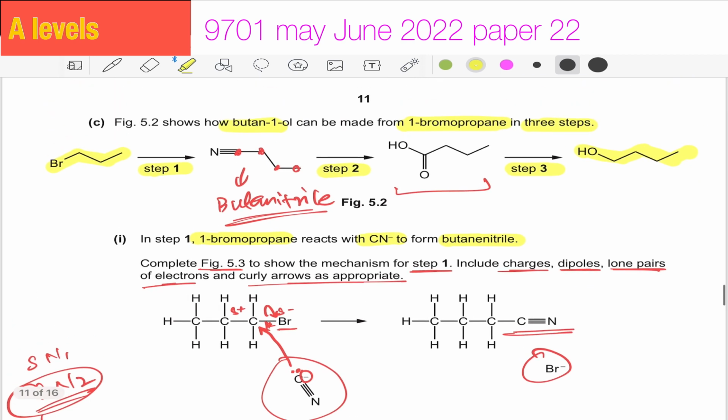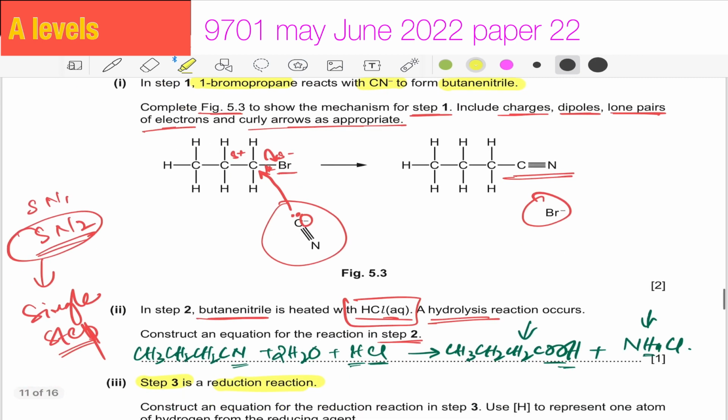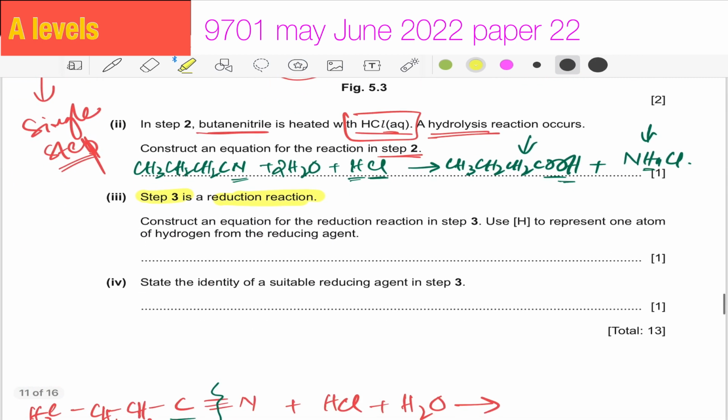So you can see that this carboxylic acid is being reduced into alcohol, right? So step 3 is a reduction reaction in which we have reduced a carboxylic acid into alcohol. So construct an equation for the reduction reaction in step 3. Use atomic hydrogens to represent one atom of hydrogen from the reducing agent, right? So we have to write the equation for the reduction.